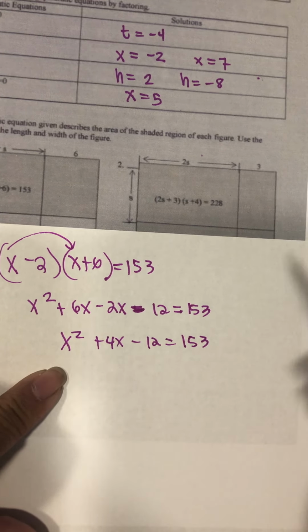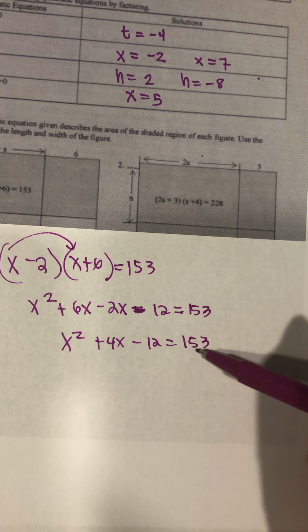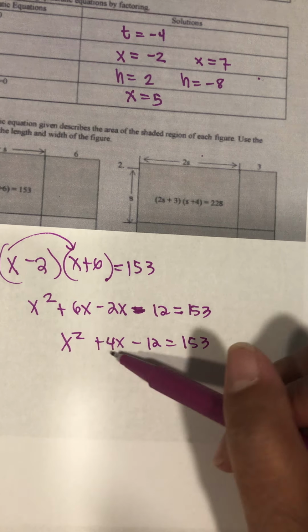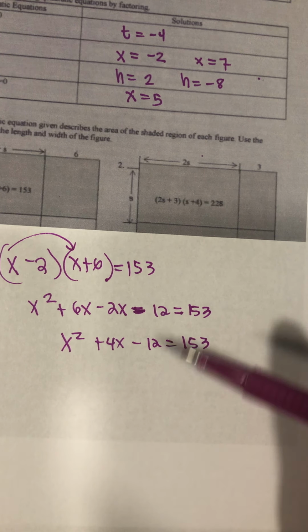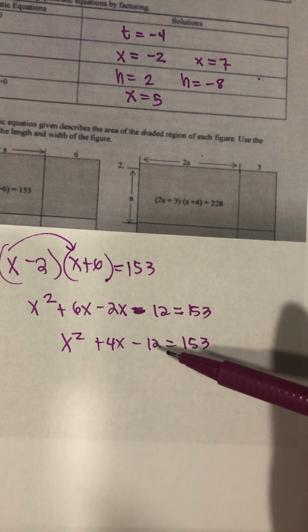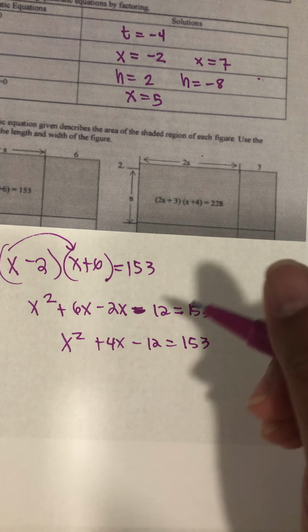Now let's check. Can I extract square root? No. Can I do zero property? That's too big of a number, Keith, and then you only have 4 in the middle term, so no way. What's the next one? Completing the square. So let's see if we can do completing the square.